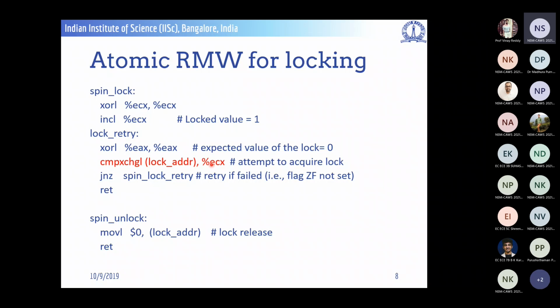Sir, I have a doubt. Yeah, go ahead. This is in x86, sir. So how will the same look in RISC-V? They have a different instruction set, but they also have these atomic read, modify, write instructions. You can look those up yourself.